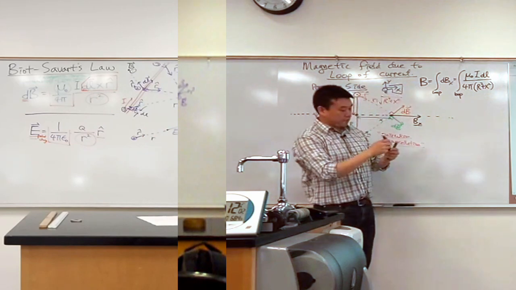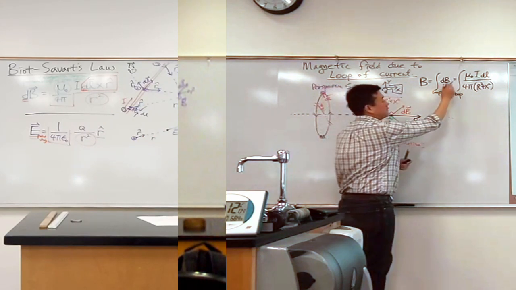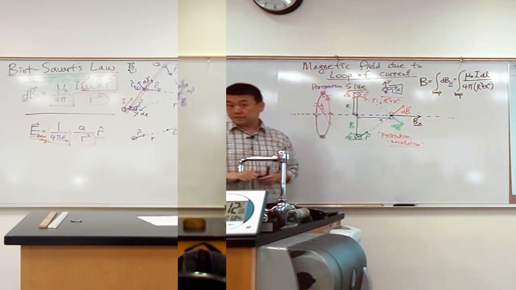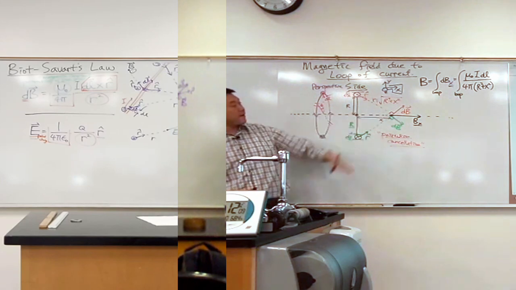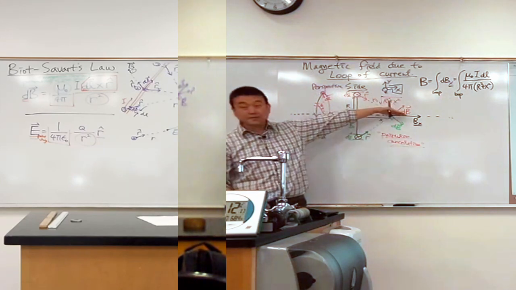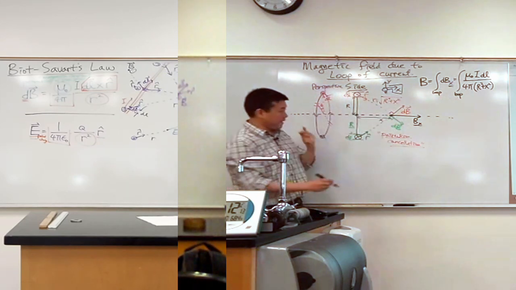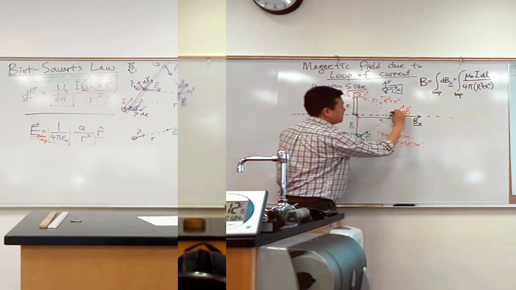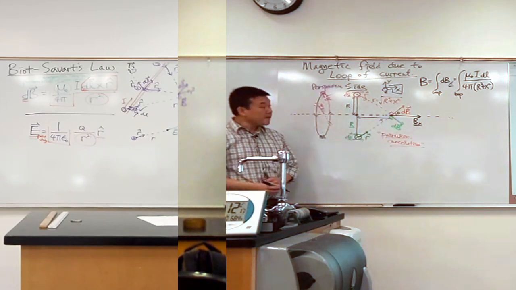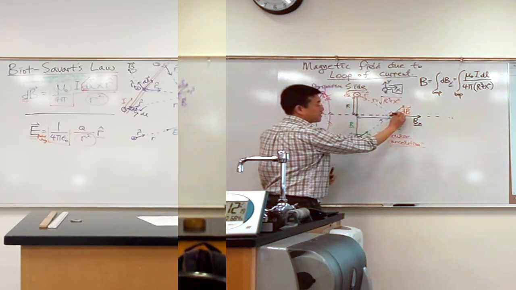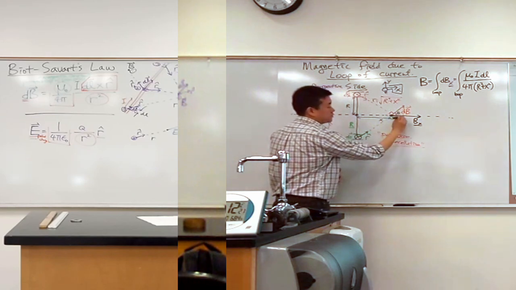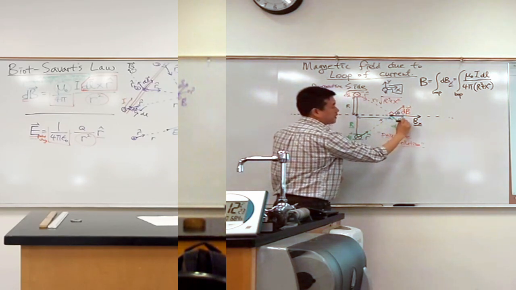And now I have to take care of taking the x component portion. That's why I've been drawing this diagram, so that I can figure out what the x component is. If I label this as my angle theta, then this would be my dBx.